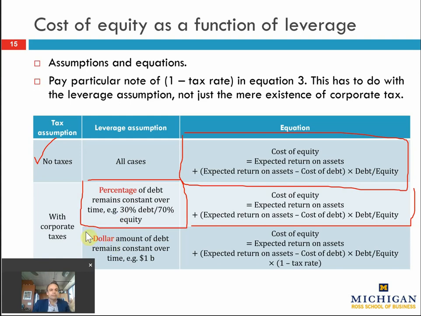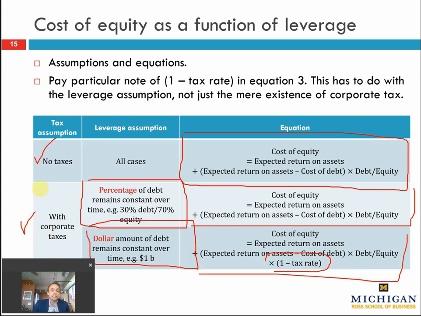And finally, if you make the assumption that the dollar amount of debt is going to remain constant, like $1 billion or $20 billion, you've got a very similar equation, but 1 minus tax rate appears in the bottom. So it's got nothing to do with whether corporate taxes exist or not. Both these equations on the bottom right exist in a world with corporate taxes.